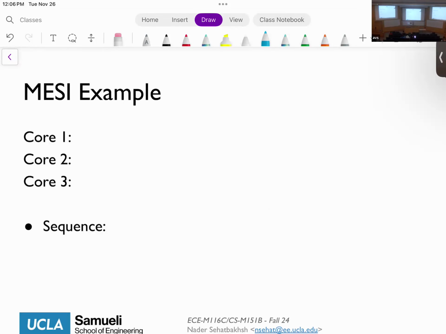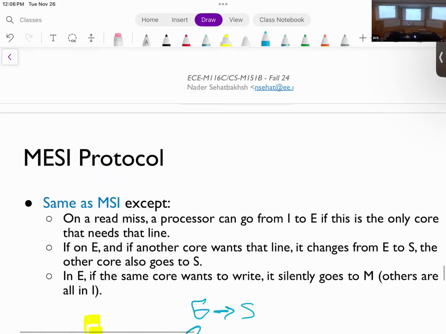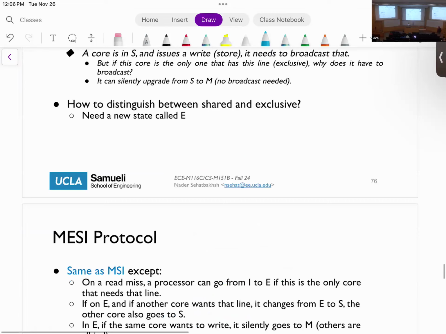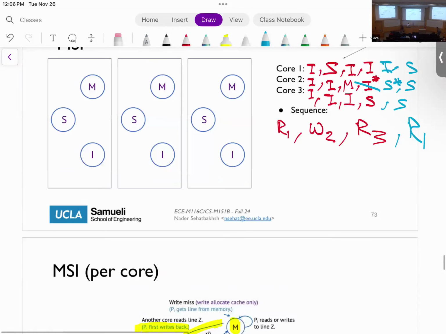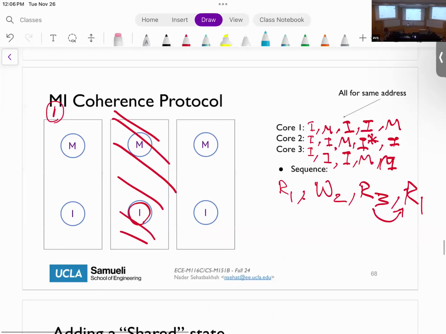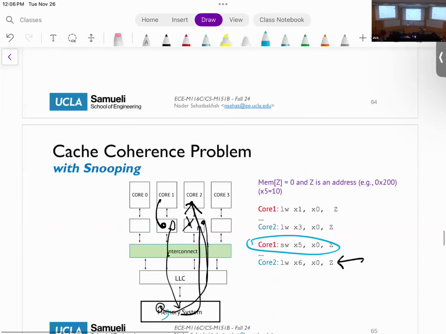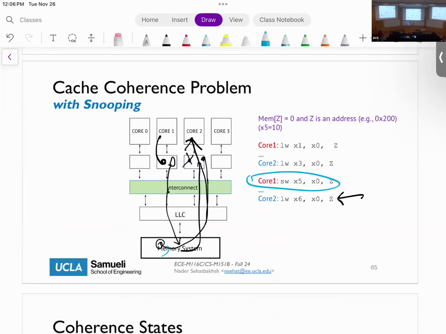Let's continue talking about coherency protocols. If you remember, the coherency problem was that we have local, private copies of data in our private caches in a multi-core system.